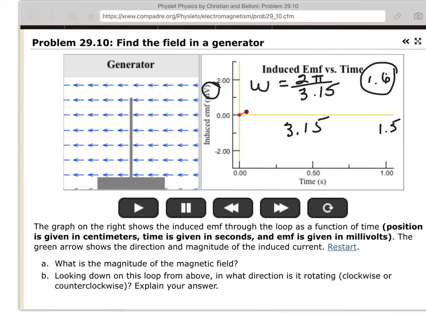And while I have the screen here, I want to show. So then we need to calculate the field, right? So we're using that the EMF equals minus n, which is 1 here, dBA cosine theta by dt. So I'm going to the whiteboard to help you with this calculation.